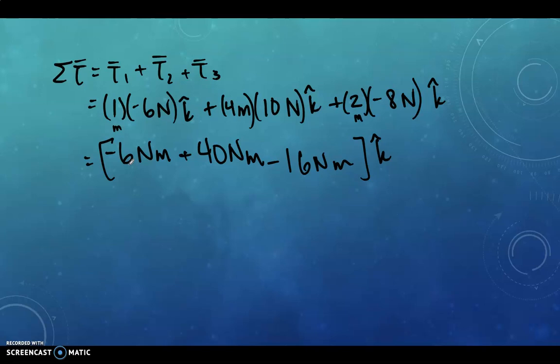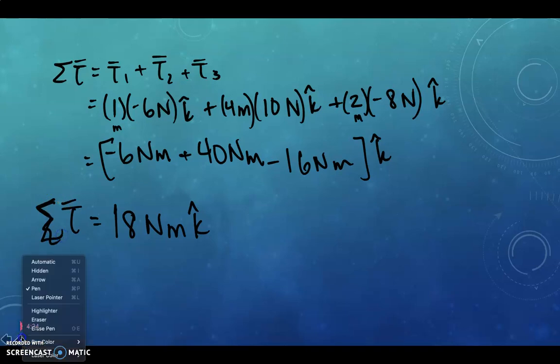Let me do that in the calculator: 40 minus 6 minus 16, and so we get the torque is equal to 18 newton meters in the k hat direction. This is the sum of all torques. Whoops, got a little carried away with my summation sign.